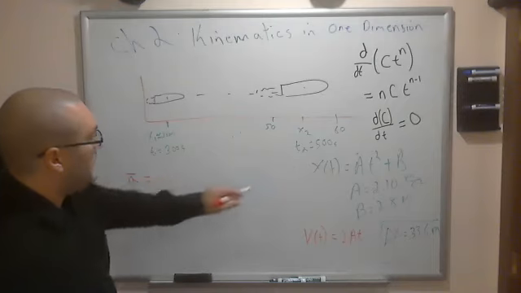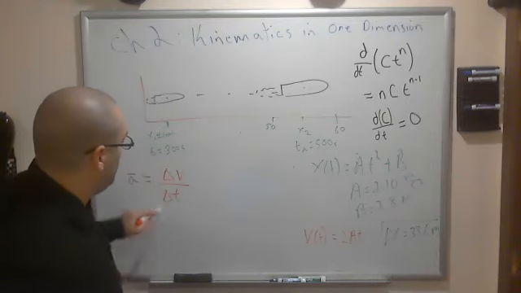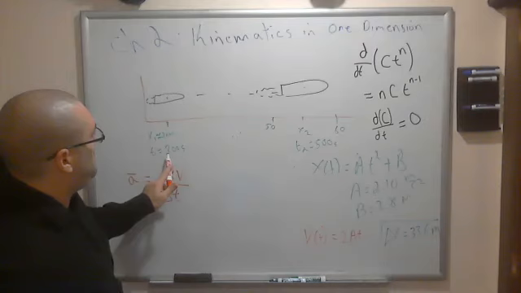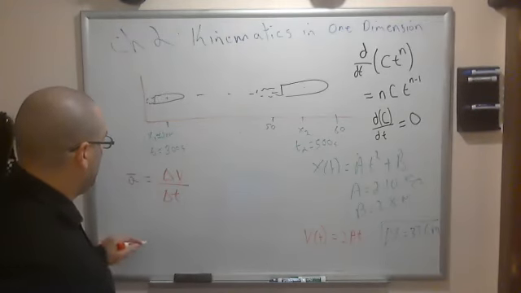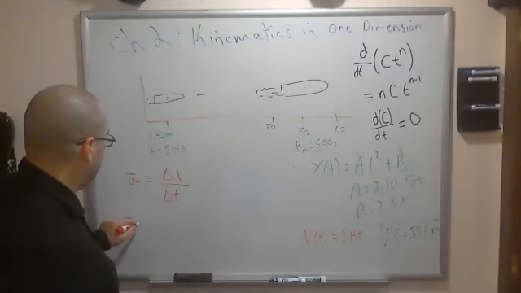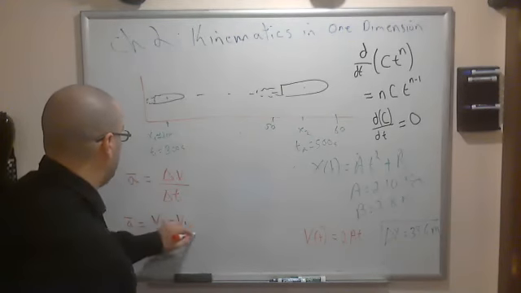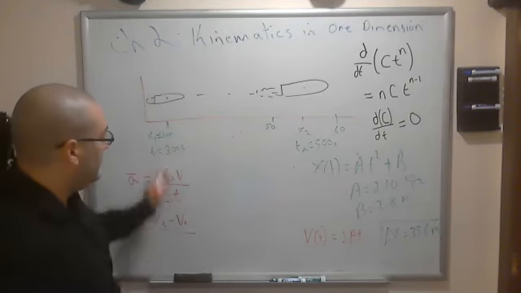Instead of delta x over delta t, now we have delta v over delta t. How much does the velocity change in a given amount of time? So for these two times, let's calculate the average acceleration. We have v2 minus v1, because we have to subtract the initial velocity for that time.